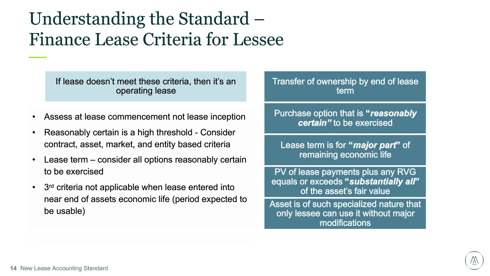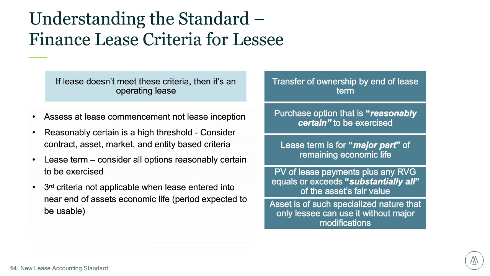The first 4 conditions of lease classification are fairly similar to legacy GAAP, except that there are no longer any bright line or specific numerical values that automatically trigger finance lease classification, as has been the case under legacy GAAP.